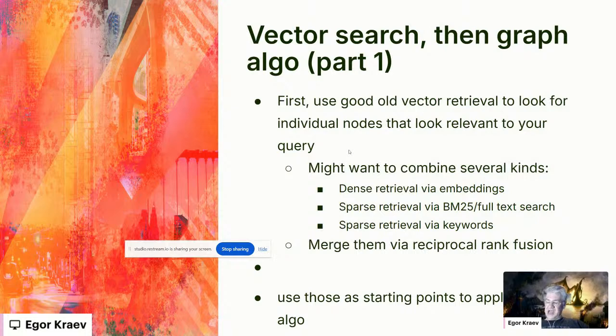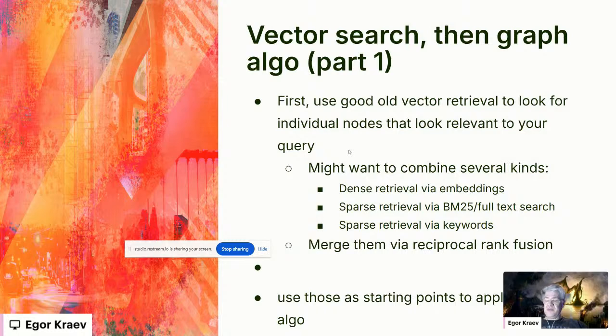Something that I have a preference for, though I haven't tried extensively using it, so ask me again in a month and a half whether I still think the same thing, is that you do two-stage retrieval. First, you use good old vector retrieval to look for individual nodes in that graph, be they derived nodes or primary nodes, whatever you have in there. And you can have several kinds of vector retrieval: embeddings, full text search, or even full text sparse retrieval by keywords, as I described.